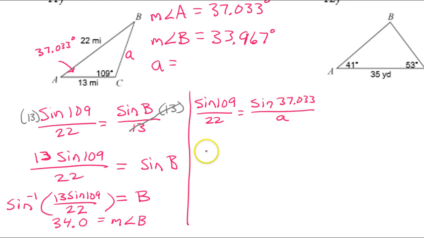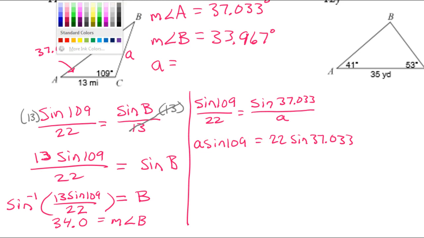And just like before, I'm going to cross multiply, so I will have A sine 109 is equal to 22 sine 37.033. And now I'm going to divide both sides by sine 109.